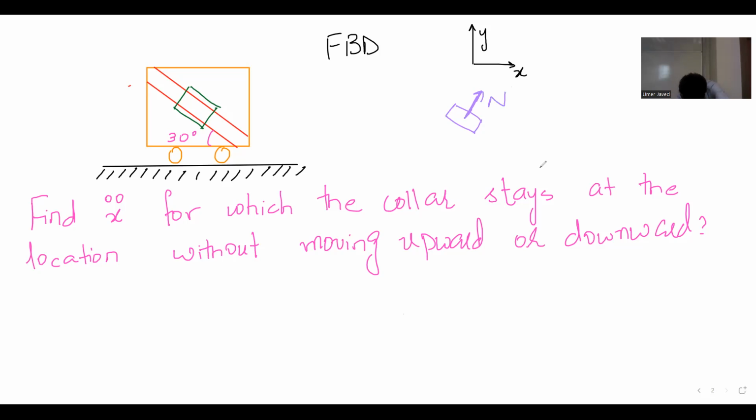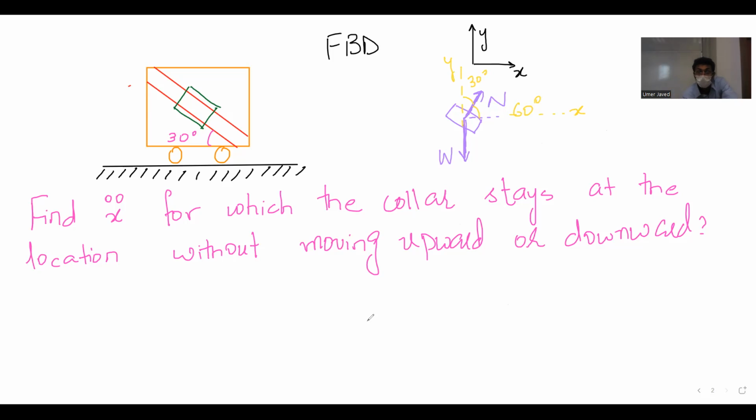Agreed? Okay. What will be the direction of the collar's weight? Downward. Okay. Weight. Then what will be this angle? It will be 60, I suppose. Good. This angle will be 30, I suppose. Y-axis, I think, and this is my x-axis.